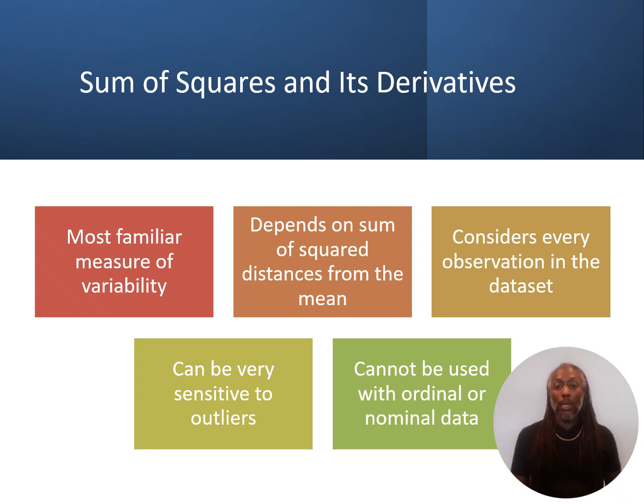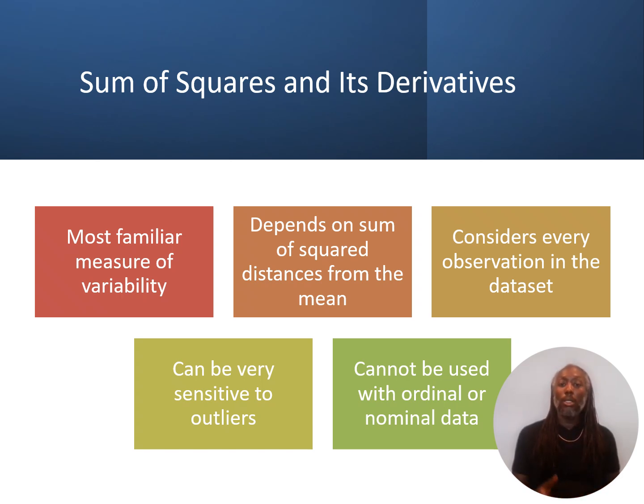While the sum of squares may not be particularly familiar to you unless you've done statistics, some of its derivatives probably are. The standard deviation is probably the most familiar of the measures of variability for folks who are not doing statistics. The standard deviation, the variance, and the sum of squares all depend on summing up the squared distances of observations in the dataset from the mean of that dataset.